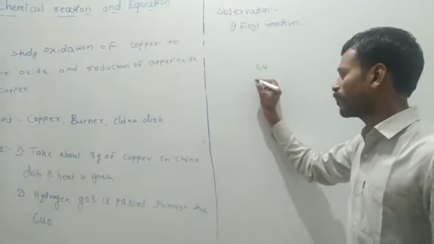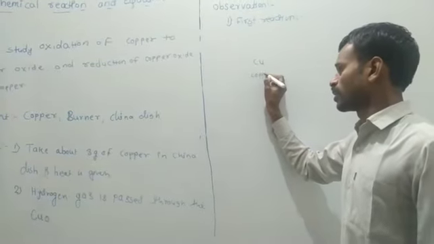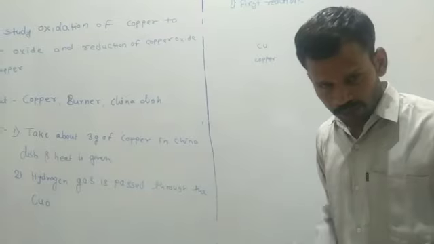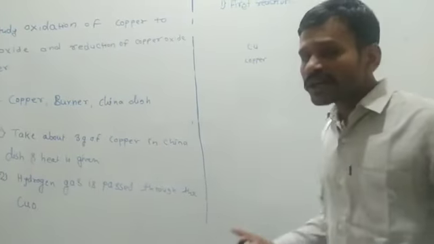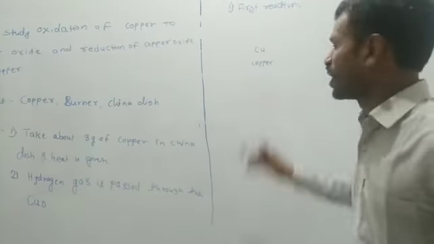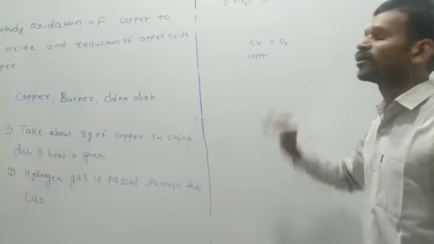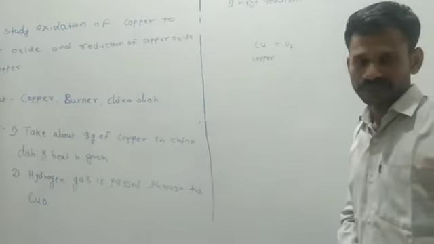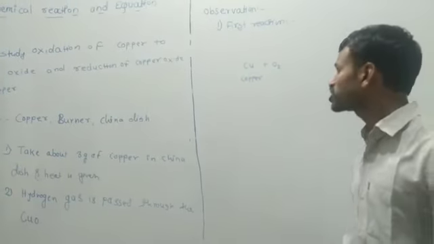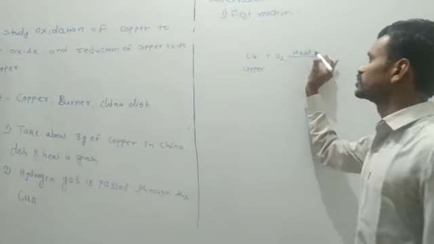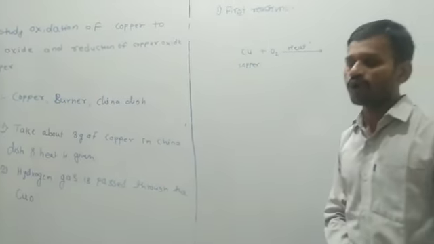The color of copper is reddish brown. When heat is given, it is added with oxygen.